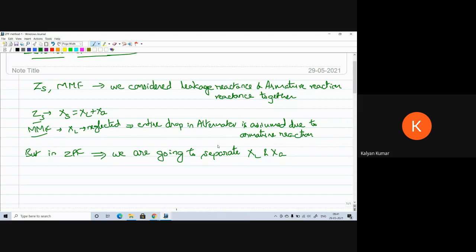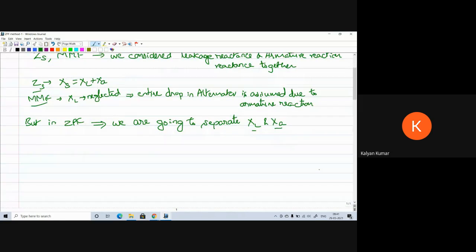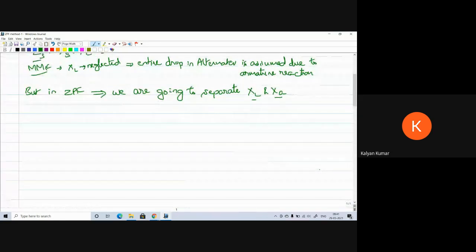So as we separate leakage reactance and armature reaction, the regulation value that we get by this method is very close to the actual value.